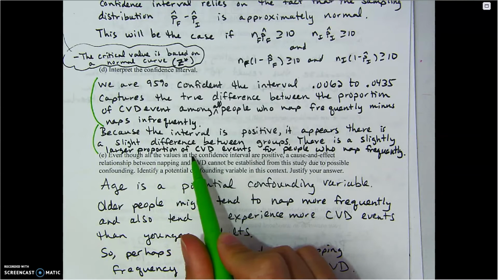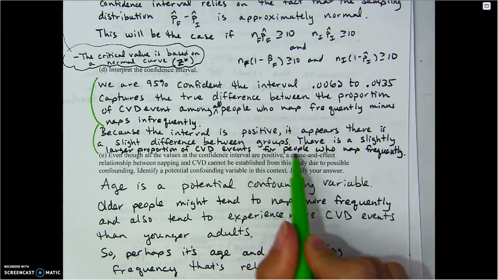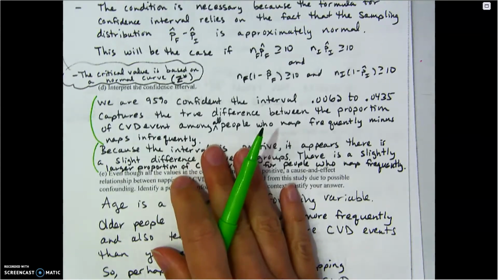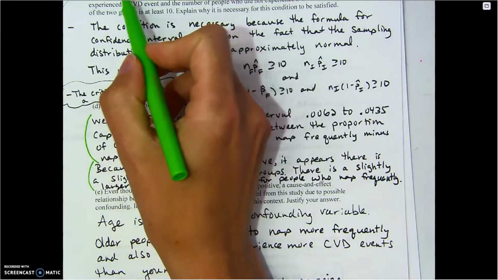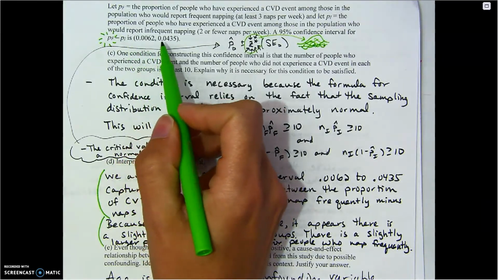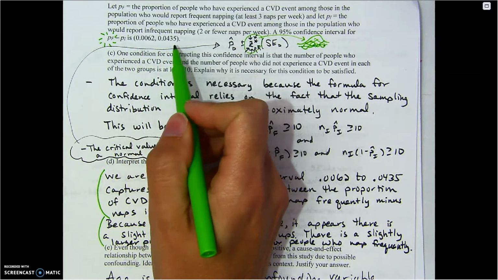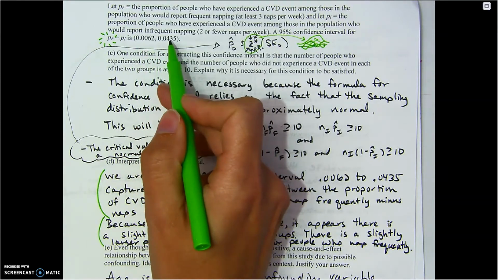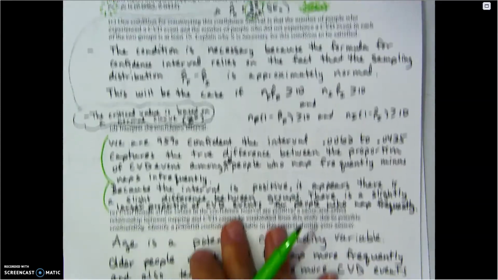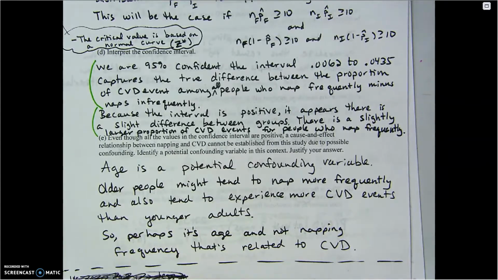There is a slightly larger proportion of CVD events for people who nap frequently. How much more? Well, it was 0.0062 to 0.0435 more. So not even 4% on the high end.